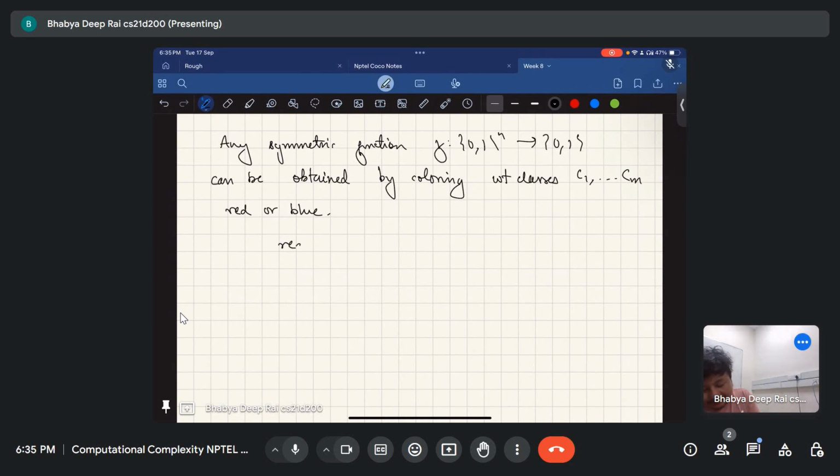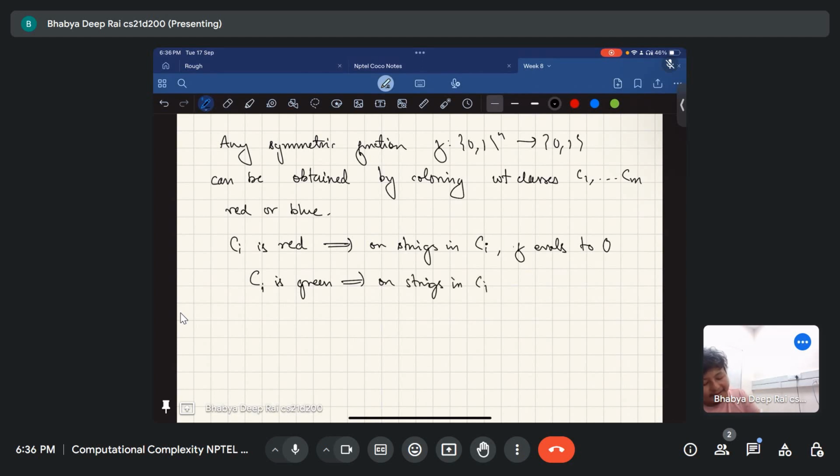That is, red means on strings in weight class Ci, f evaluates to 0. If Ci is green, suppose, then on strings in Ci, f evaluates to 1.